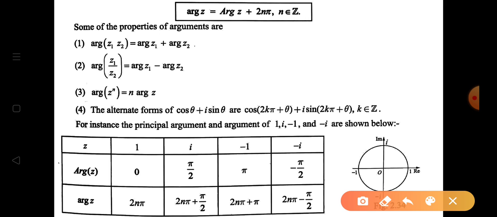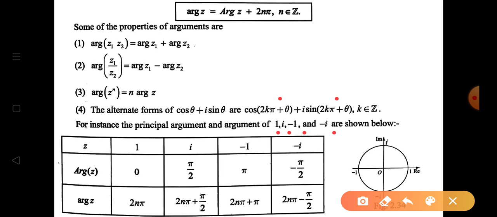Fourth property, the alternate forms of cos theta plus i sin theta, or cos(2k pi plus theta) plus i sin(2k pi plus theta), where k belongs to Z. For instance, the principal argument and argument of 1, i, minus 1 and minus i are shown below. We are going to discuss the principal argument of 1, i, minus 1, minus i.